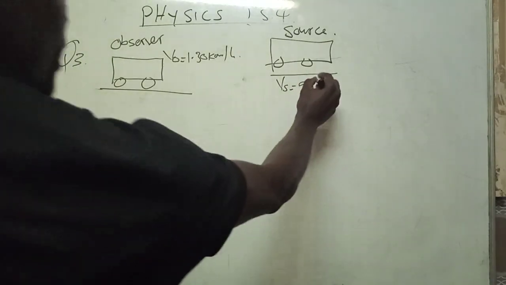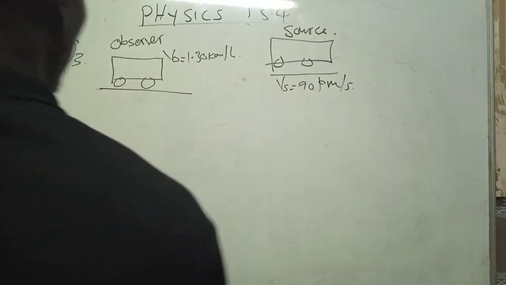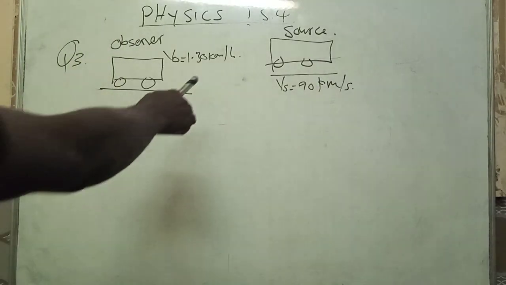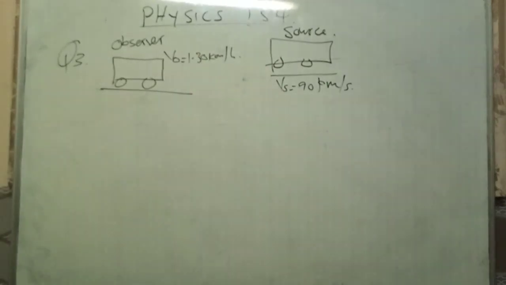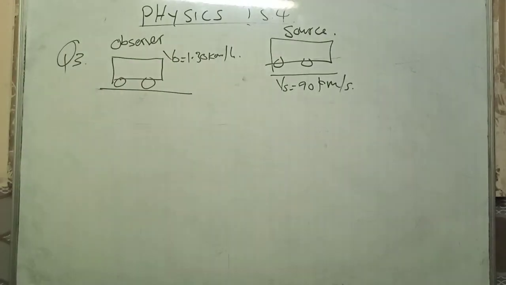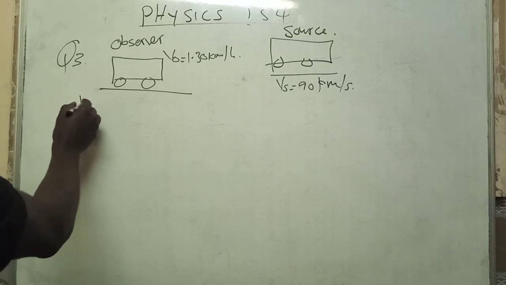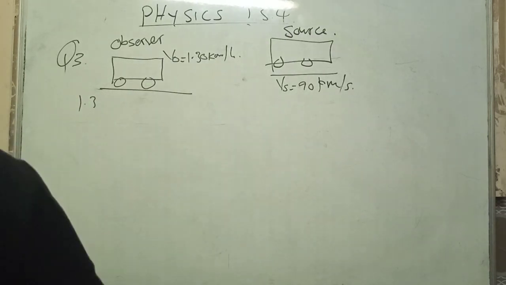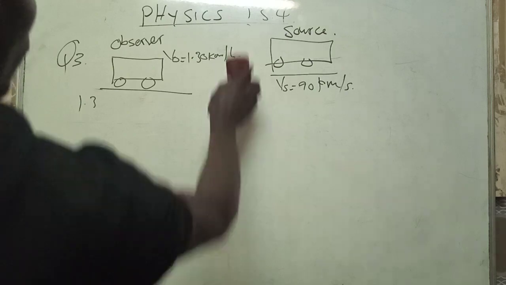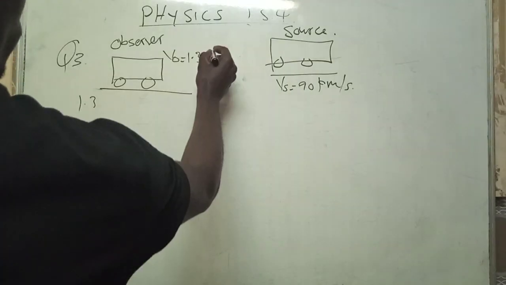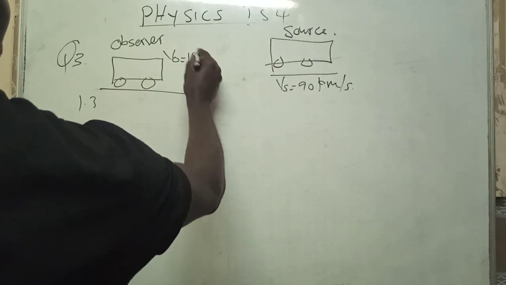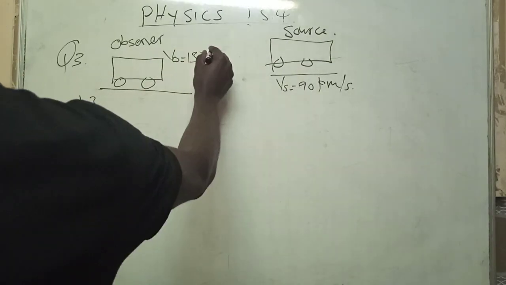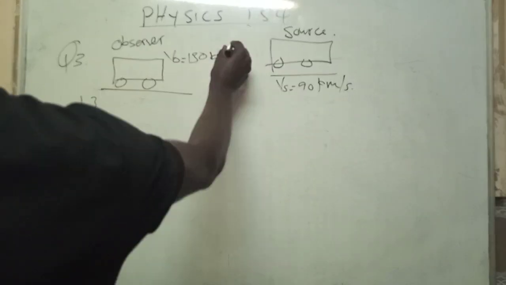90 kilometers per hour. But we know that we are supposed to change these velocities to what? To meters per second. So for me to change this one, 1.3 times 10 to the power 2 is basically the same as 130 kilometers per hour.